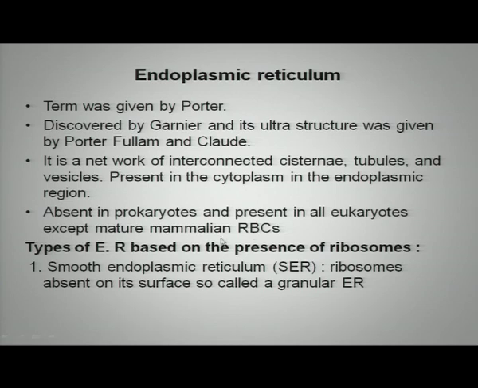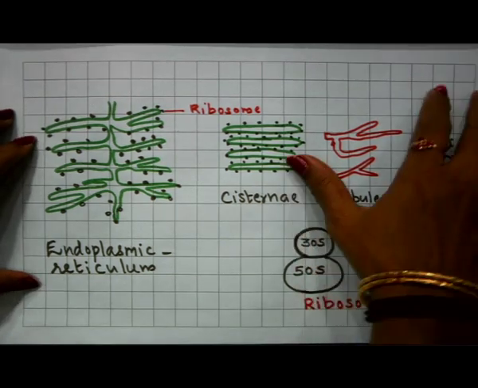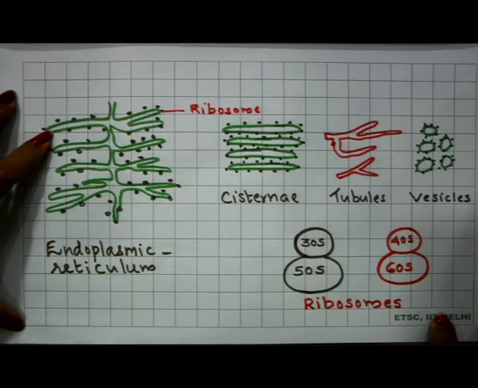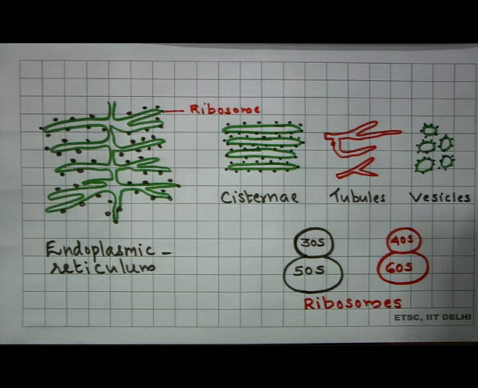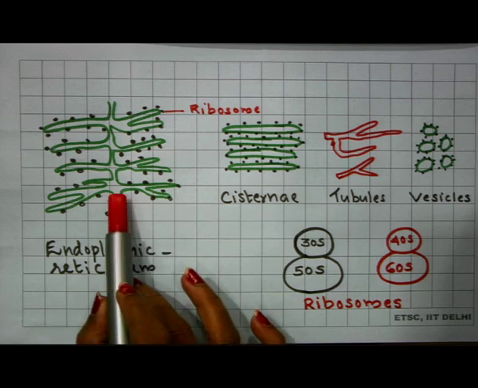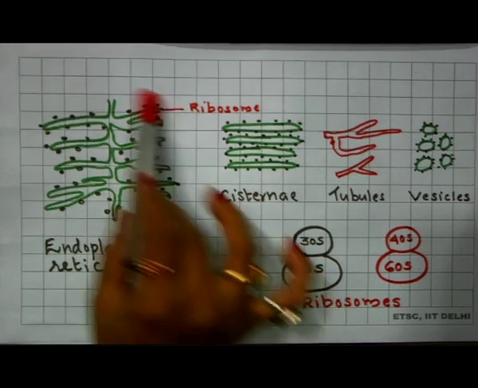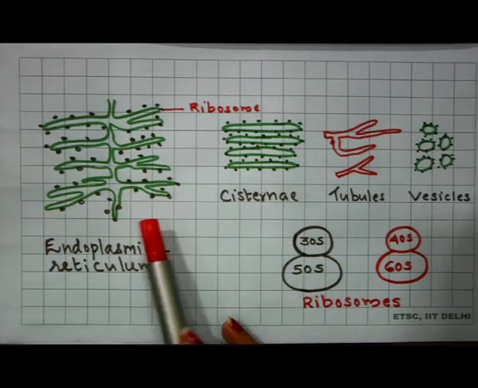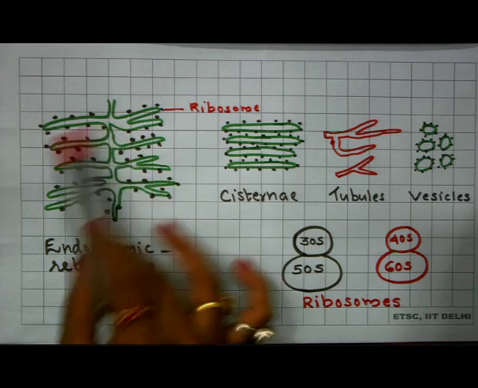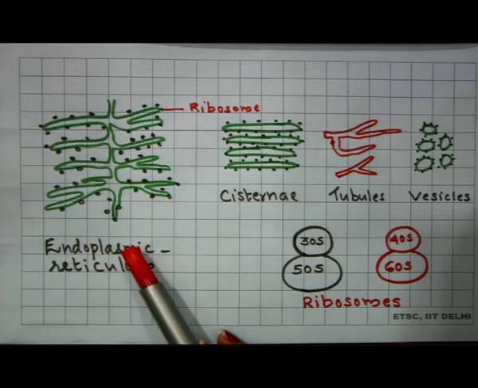Here you can see the diagram of an endoplasmic reticulum. See this structure, it is a network of tubular structures and it is a highly branched one.